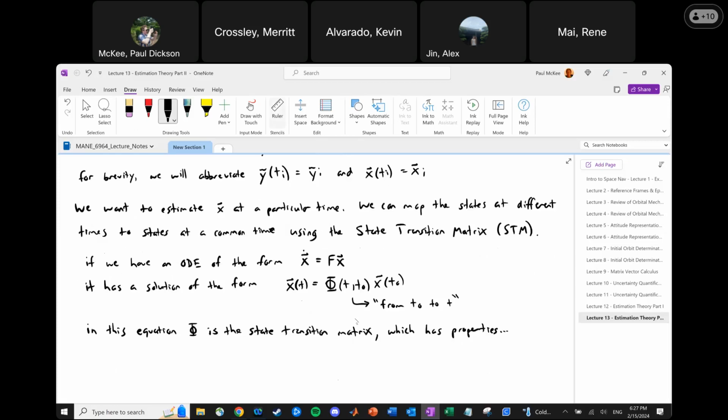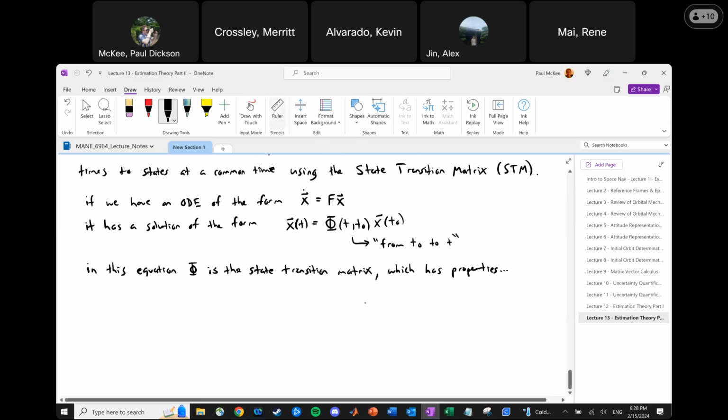So this first one might be obvious. First of all, it's a matrix, right? And it's a matrix that needs to be a square matrix that maps the state onto the state. So it has to be the size of the state.